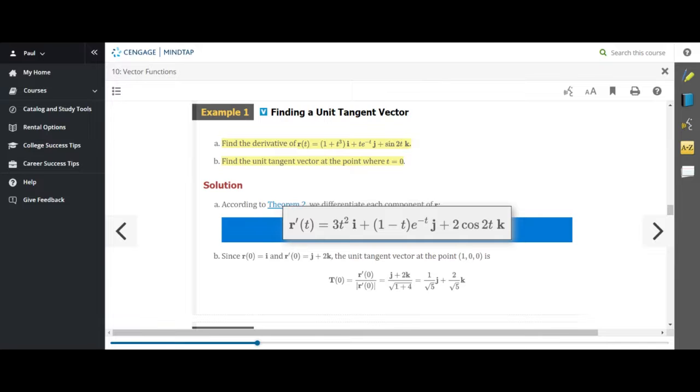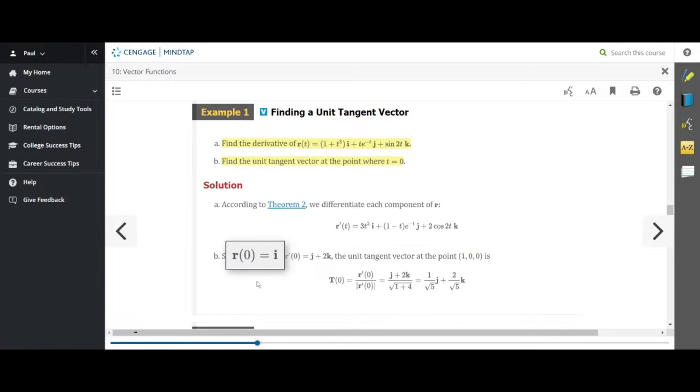But on part B, they say, okay, when t equals 0, find the unit tangent vector at that point. Well, what you have to do there, it's quite simple really, is, if you substitute t equals 0 in the derivative vector above, r prime of t, you will get the vector j plus 2k.